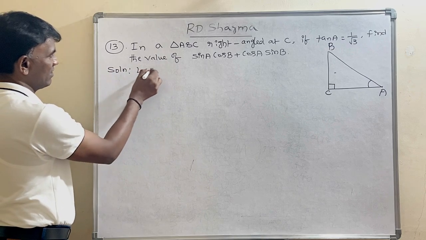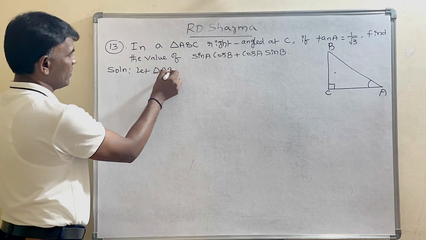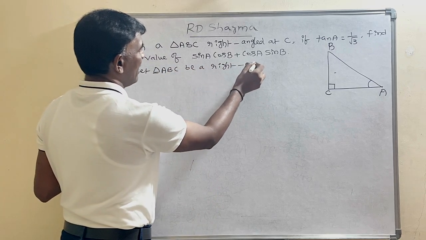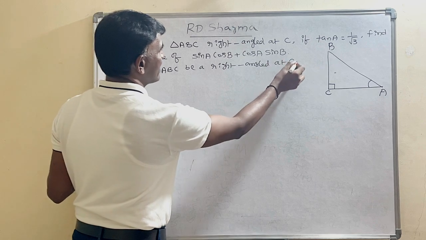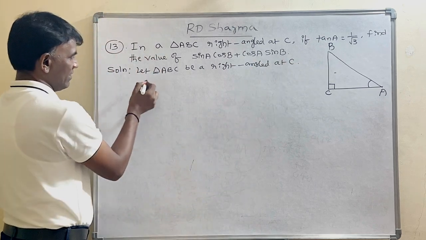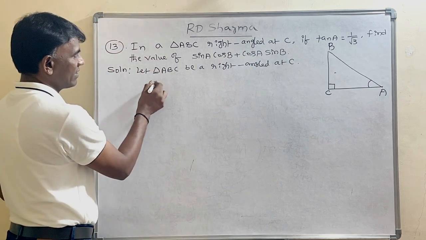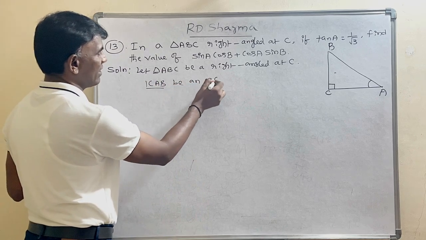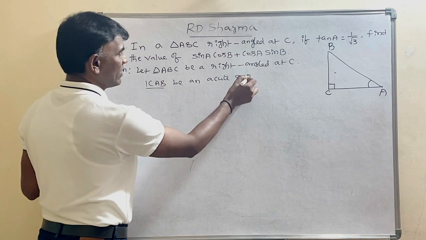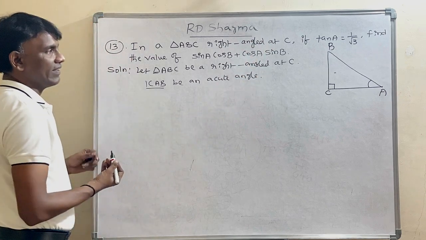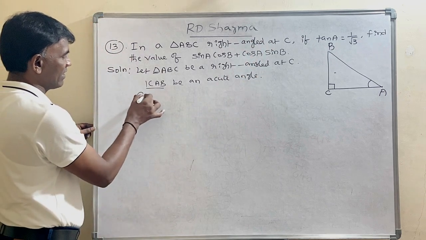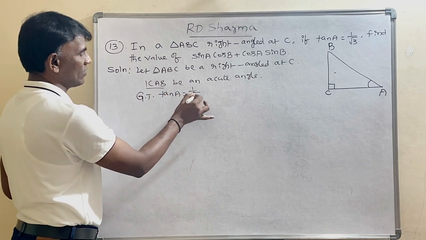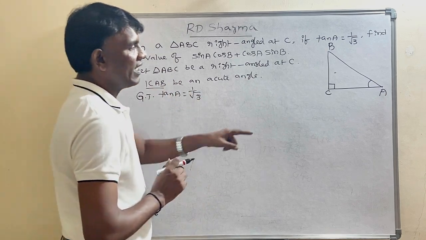So here, let the triangle ABC be a right angle at C, and angle CAB be an acute angle, and by using that we write tan A value. So what is the given value here? Given that tan A equal to 1 by root 3, and this is angle A.